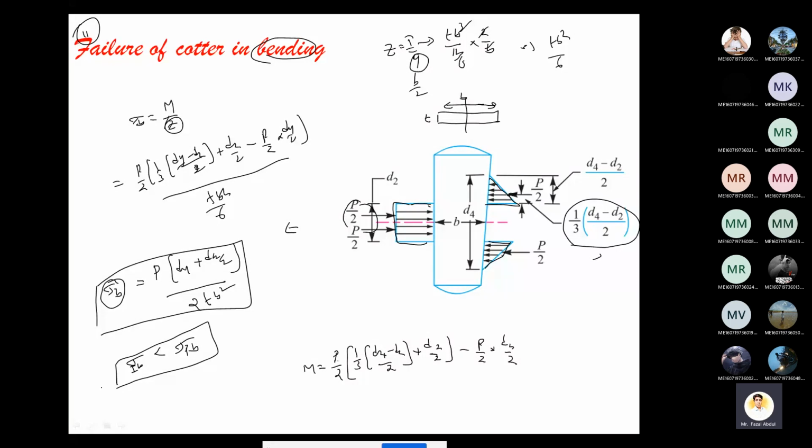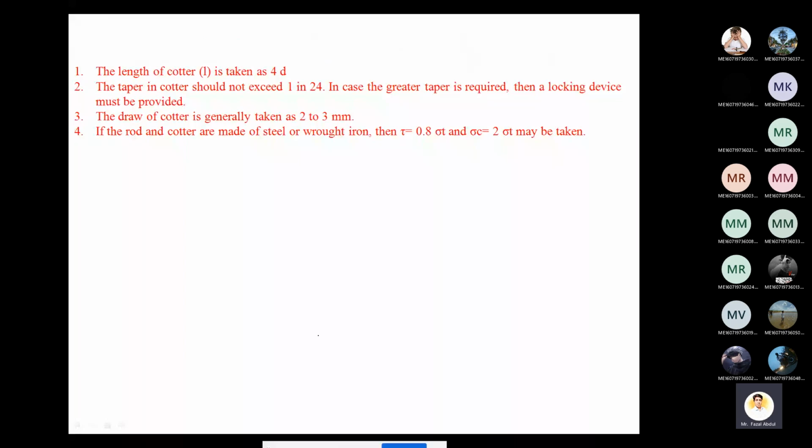Now the other design points are: the length of the cotter is 4D, the taper is 1 in 24, and the draw of the cotter, generally 2 to 3 mm, we need to take. Draw means the additional material at the top and bottom.